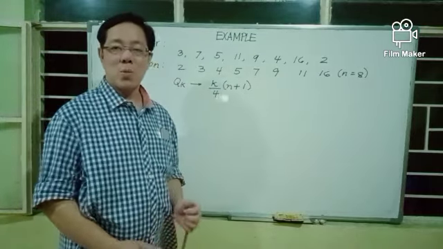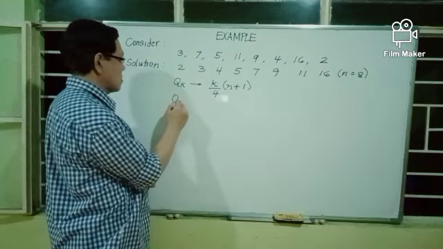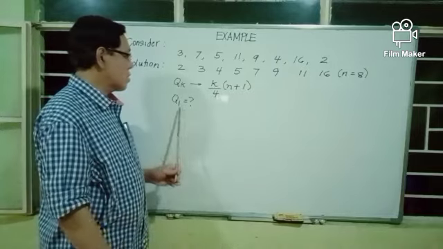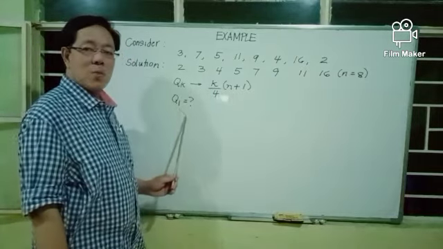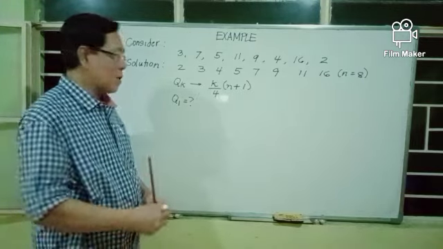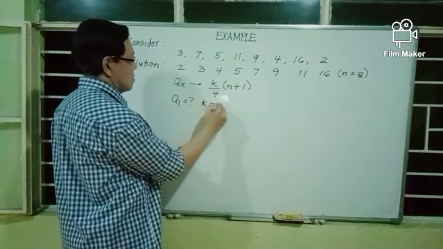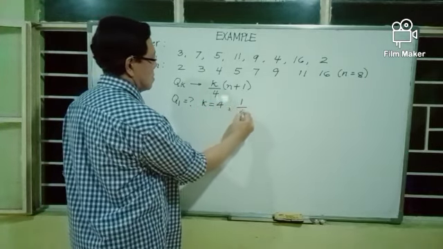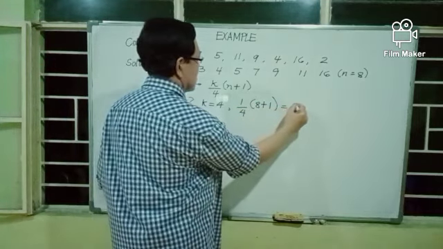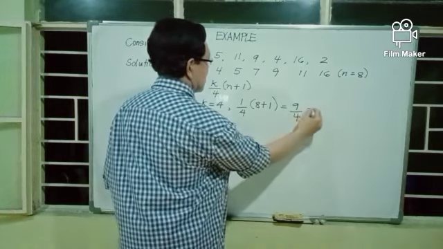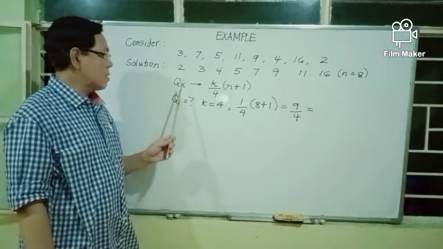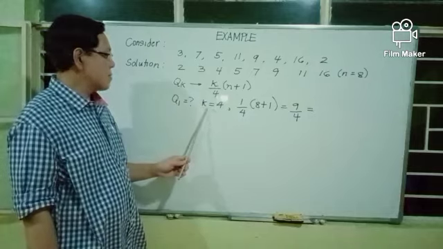We start with Q1. We find the first quartile Q1, so our K is 1.